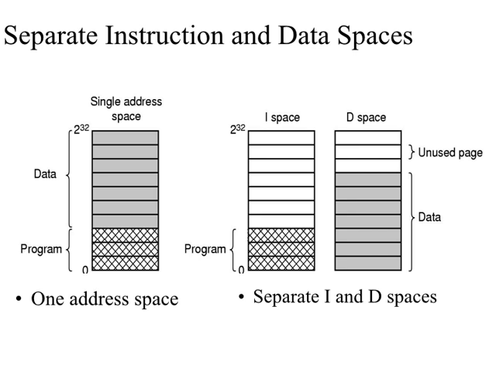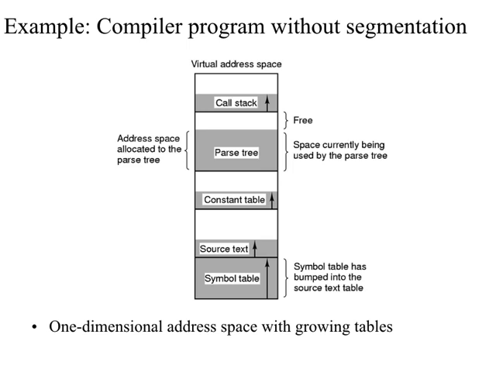So there are also other possible uses. For example, let's take a compiler program that has a lot of different data structures. You might have a symbol table, the source code, constants, parse tree, call stack, and so on. Normally, all of these data structures would have to share a common address space.